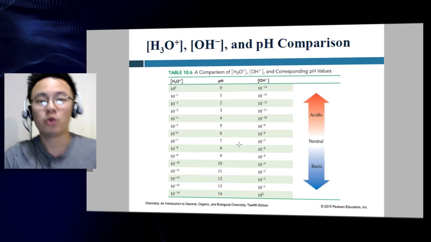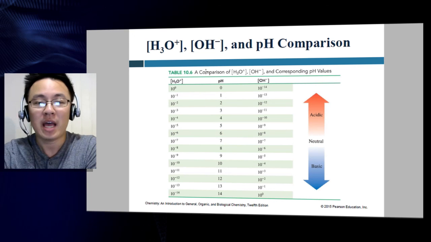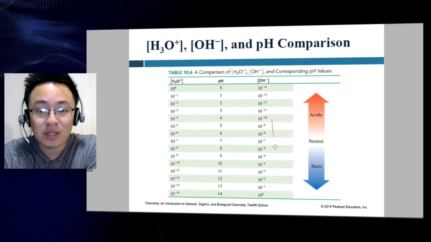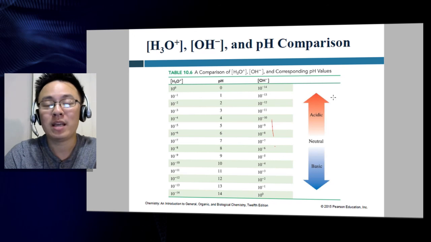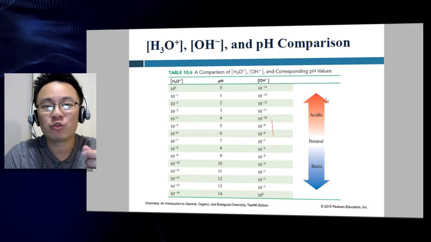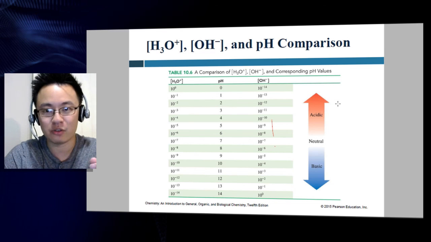All right, so as you can see, we can compare the hydrogen ion versus the hydroxide ion. Now, what you may not know is that we can also calculate the hydroxide ion concentration. We can get the pOH.